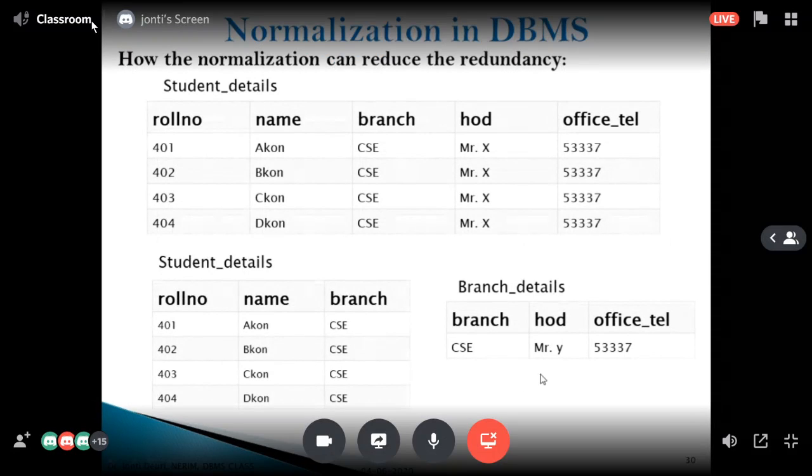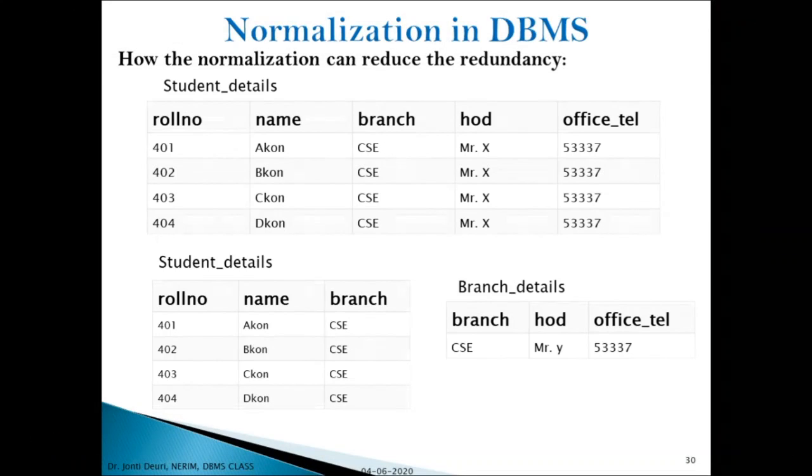So now, how will normalization solve all these problems, all these anomalies? Now you can see this. We have this student details table, with everything in one table. If we divide or separate this table into two tables, student details and branch details, how can it solve the problems?